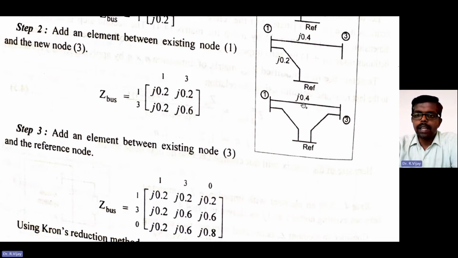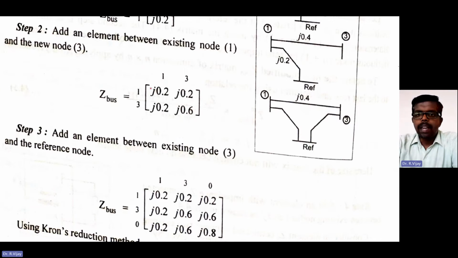In the new reference, the value is j into 0.4. So you need to add j into 0.2 plus j into 0.4, so that value is 0.6.